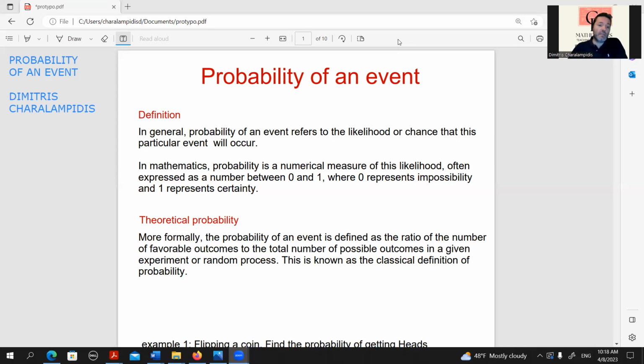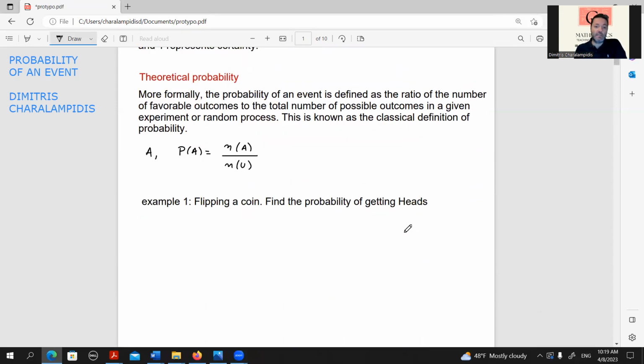So the theoretical probability of, let's say, an event A, let me write the definition. The theoretical probability, assuming that we have the event A, will be defined as the ratio of N(A) over N(U). Cardinality of that event over the cardinality of the universal set itself.